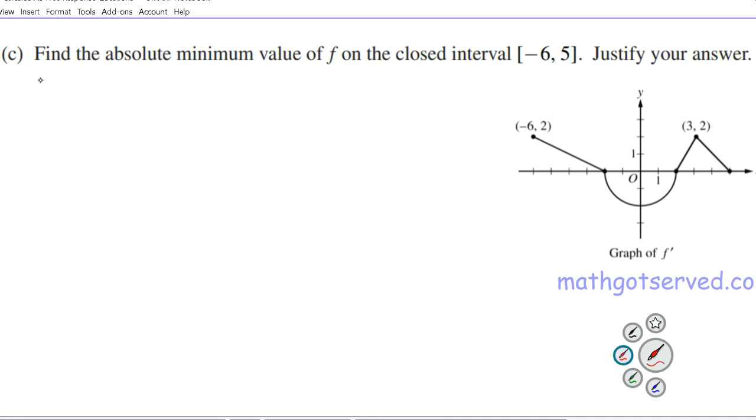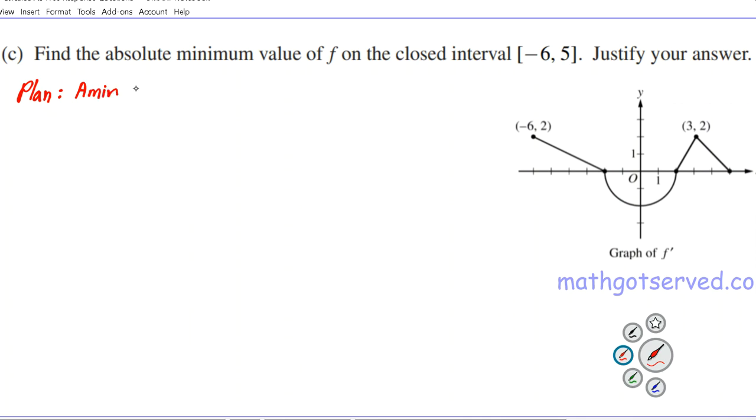All right, so what's the plan here? This is the game plan, which is basically the consistent procedure for finding absolute extrema. You can also use it for absolute max.